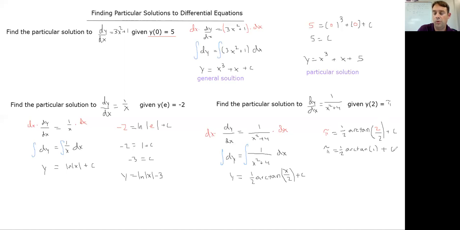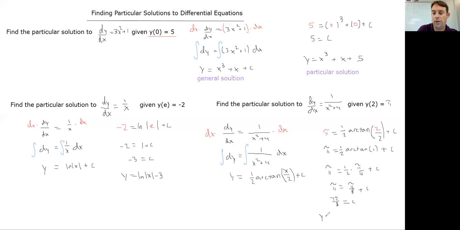So the arctangent of 1, we have to evaluate that because it is a trig value. Arctangent of 1 is going to be pi over 4, plus c. So pi equals pi over 8 plus c, and then moving the pi over 8 to the other side, we end up with 7 pi over 8 equals c.